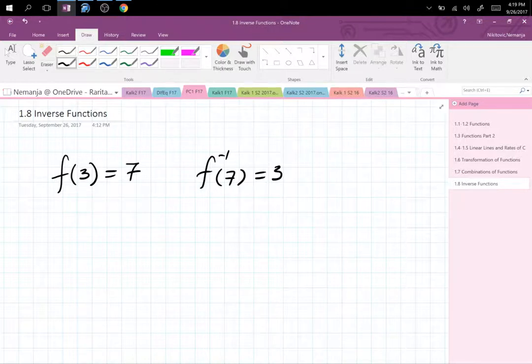So the concept in this lecture is going to be the same. Certain functions will have inverse functions. The others will not. Remember that mathematics models all of our existence, everything around us is modeled by mathematics.